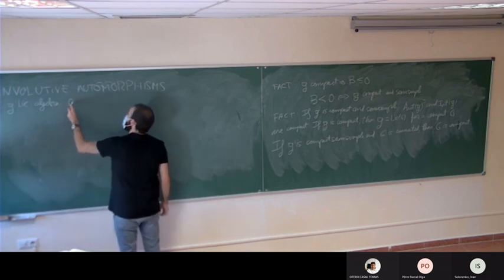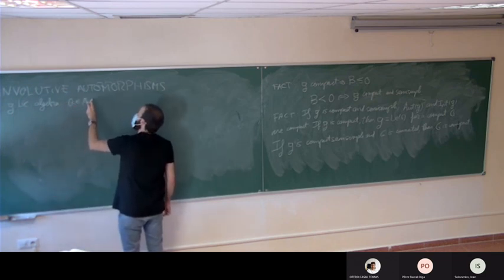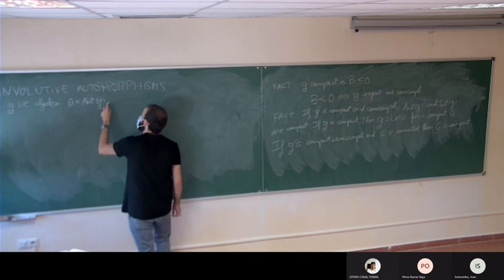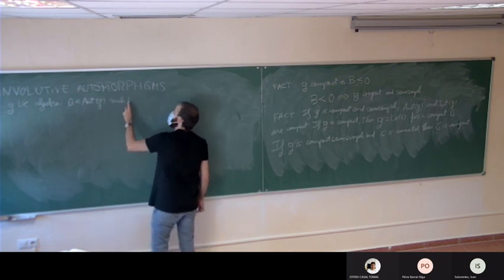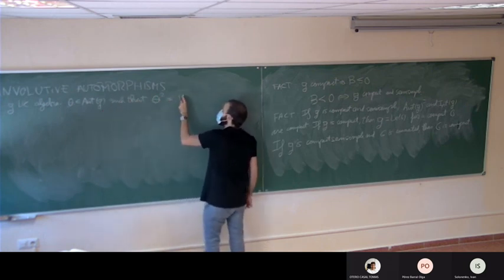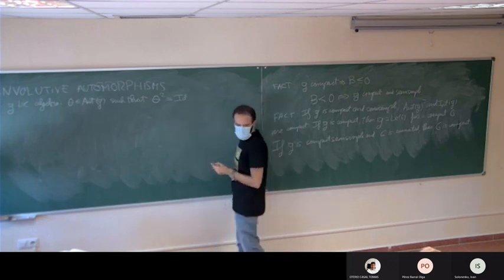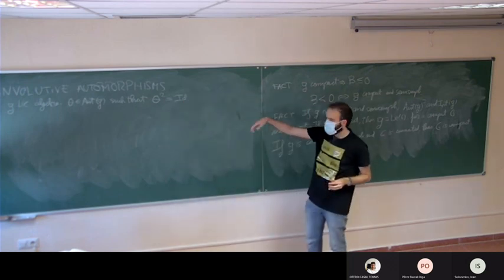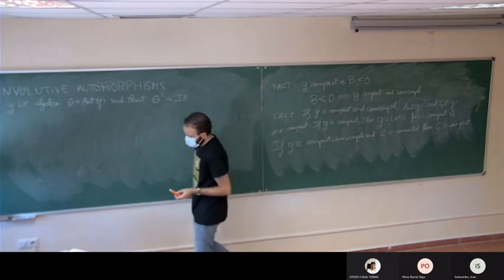So what does this mean? So we have an automorphism theta of G such that its square is the identity. Okay. So this theta is its own inverse.